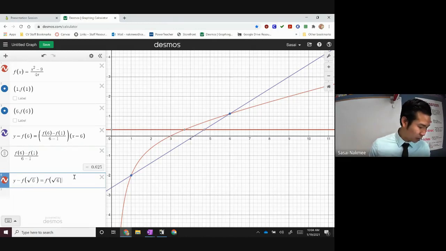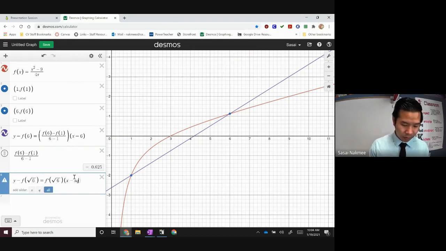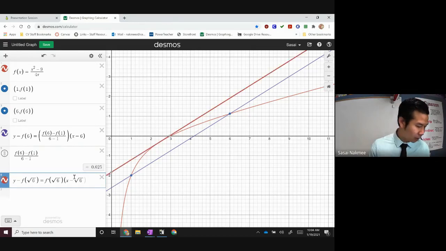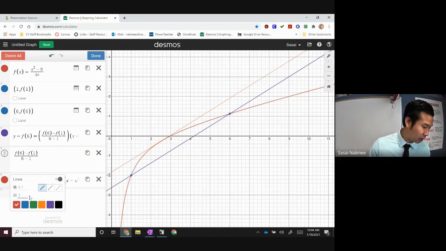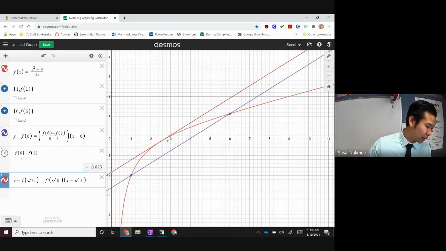Oops, almost done, I promise. Apply this with x minus the square root of 6. Boom. There you go. And let's make that a little bit thinner. I want the thickness of the line. Let's go with 1.5.